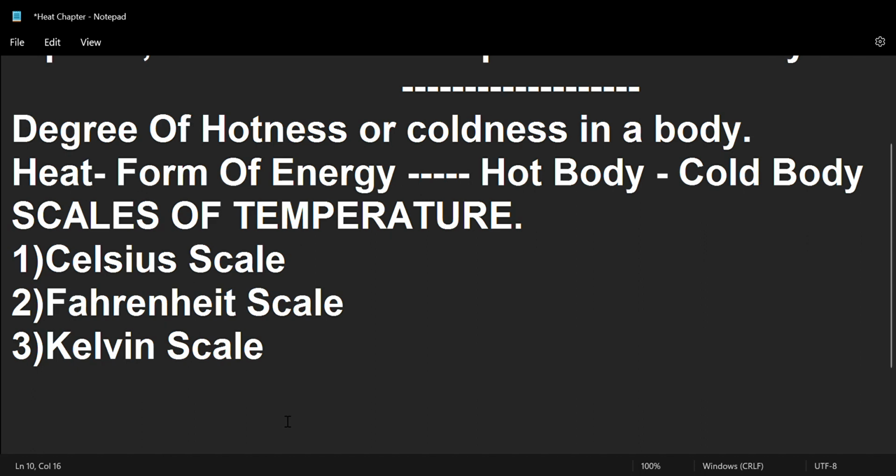Now, some examples. A cement floor is not laid out in one piece because it would crack due to expansion in summer and contraction in winter. On the other hand, the floor is laid in small pieces with gaps in between to allow for the expansion during summers.